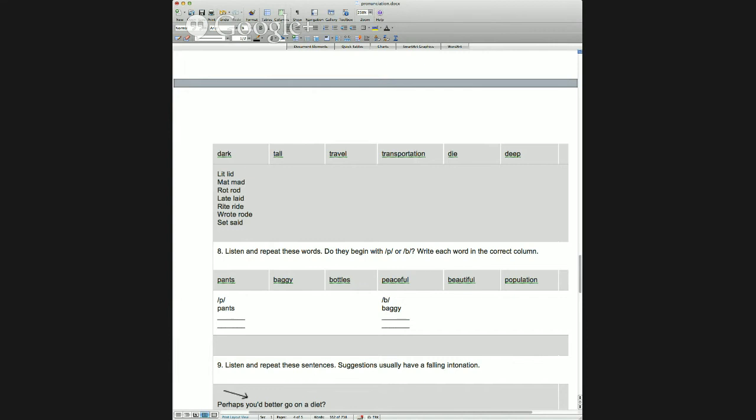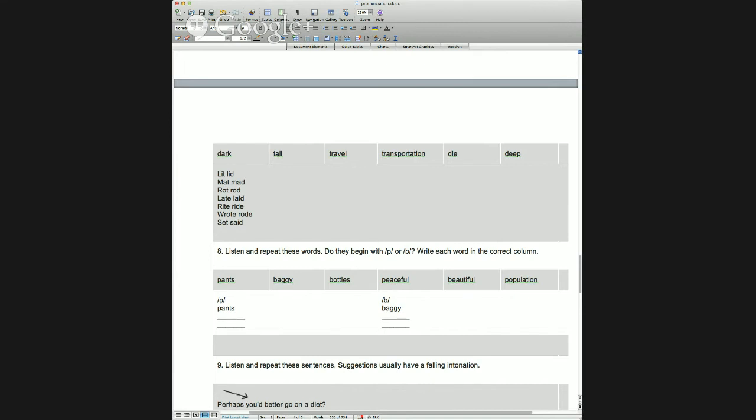Mat. And this one? D, rod, good. And this one? Oops, I told you. Late. T, I said T, late. And the next one? Ride, D, right. Road. And the last one? Set. T. Okay, good.